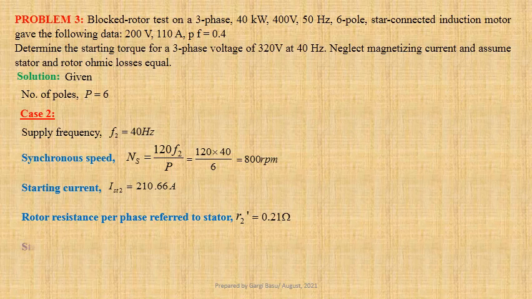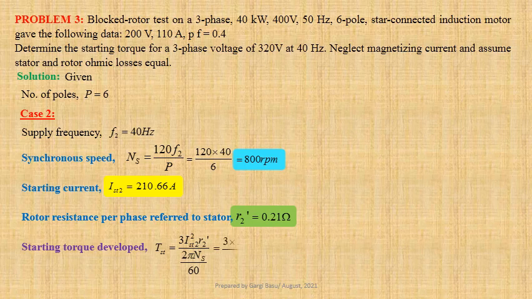Expression for starting torque developed: TST equals 3 times IST2 square into R2 dash divided by 2 pi Ns by 60. Using values we get 3 into 210.66 square into 0.21 divided by 2 pi into 800 by 60. That gives us 333.7 Newton meter.